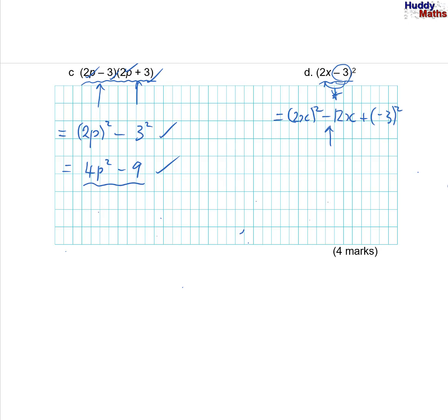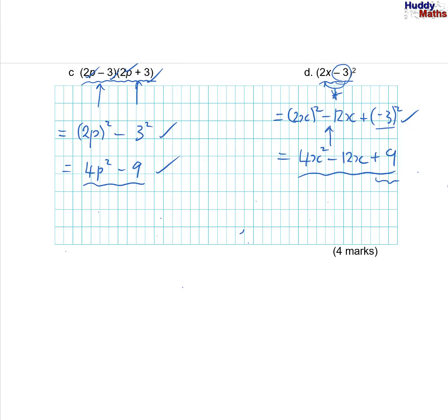Okay, so 1 mark for that. But the simplification then for the complete answer is 4x squared, squaring the 2 inside that bracket, minus 12x, and this is a negative times a negative is a positive, so it's plus 9. So always with perfect squares, you're going to end with a positive there, aren't you?